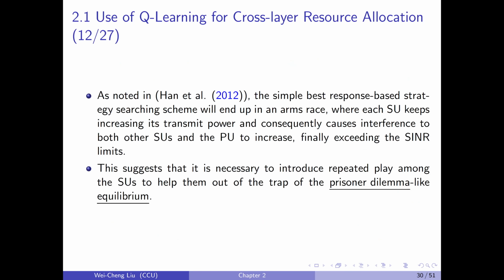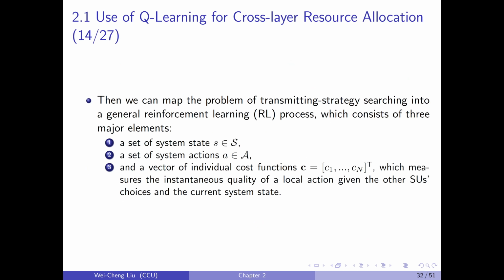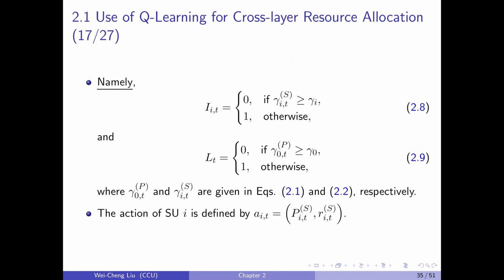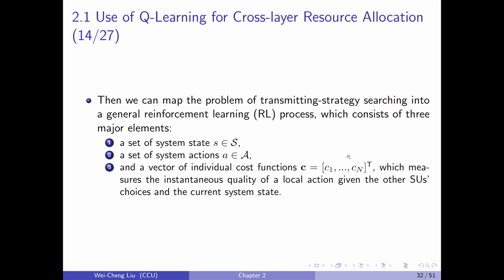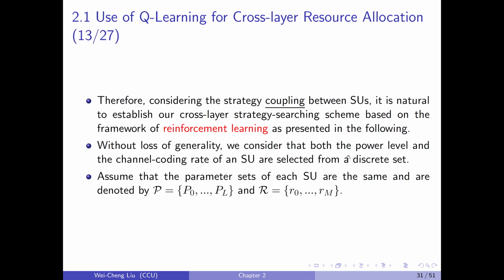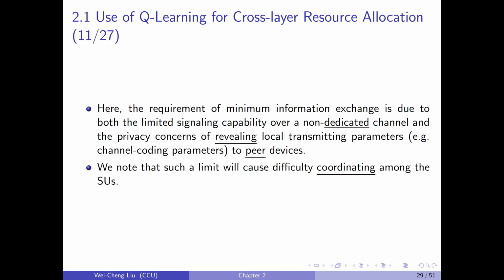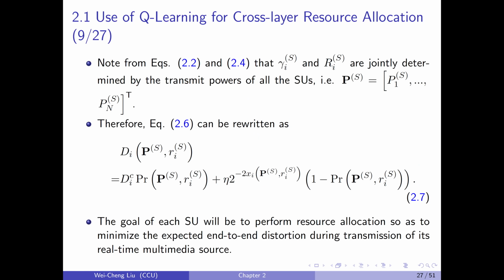Let us go back to the P_i^s page. P_i^t,s is the transmit power of secondary user i at time t. Next, what is R_i^t,s? Let us also review it. Let us search for R_i^t,s.